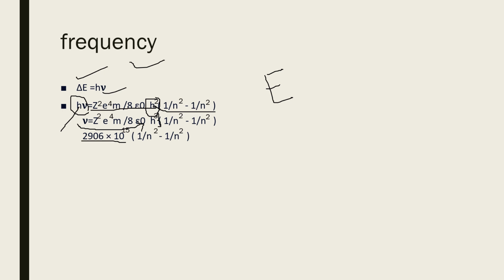As it is, we can find the wave number, and we know the formula of the wave number. This is the speed of light.